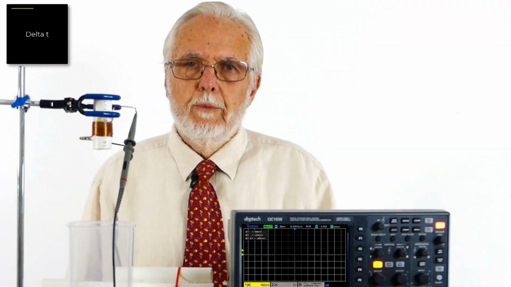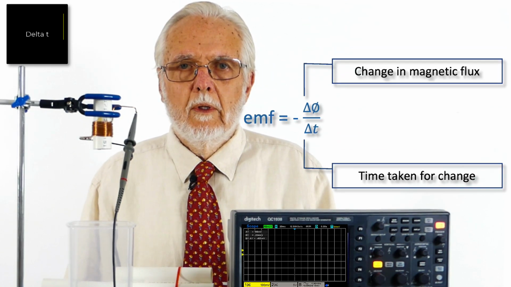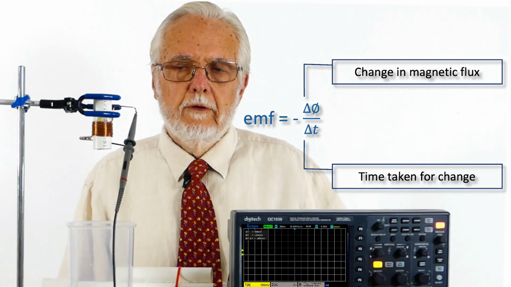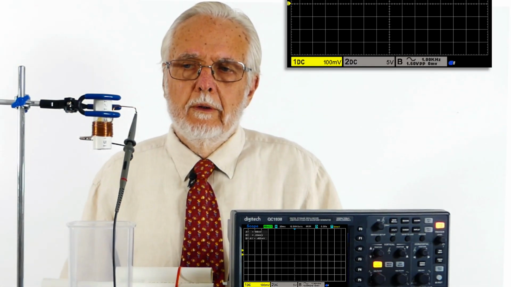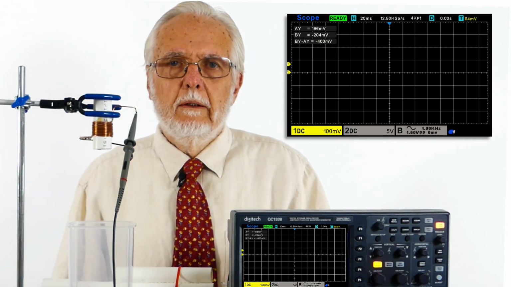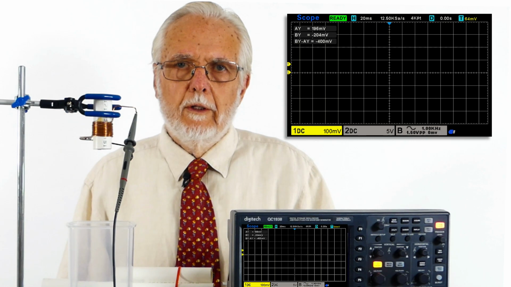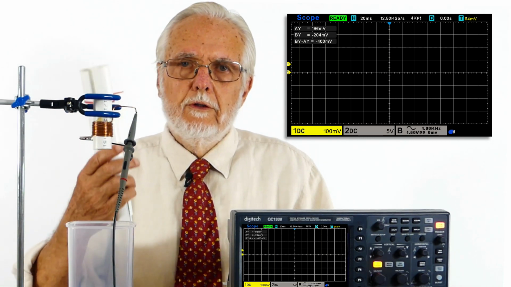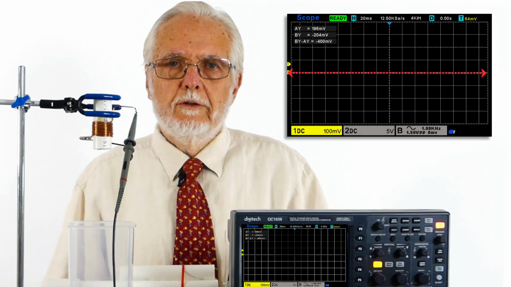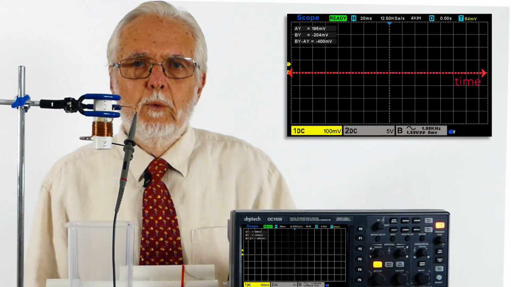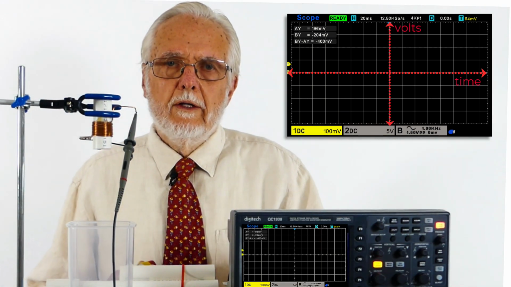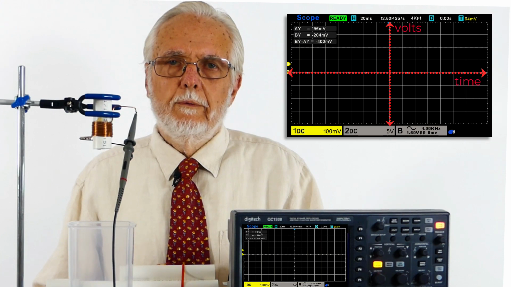To determine the contribution of delta T, we'll use the oscilloscope. This magnet will be dropped through this coil from a height of 5, 10, 20 and 30 centimetres through these tubes. The x-axis is time and the y-axis is voltage. See if you can guess the shape of the voltage output.